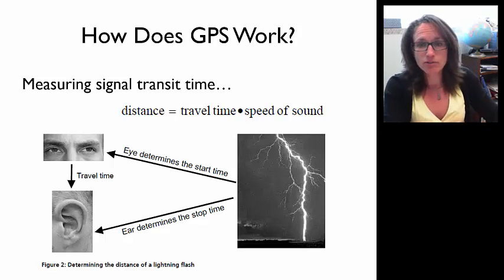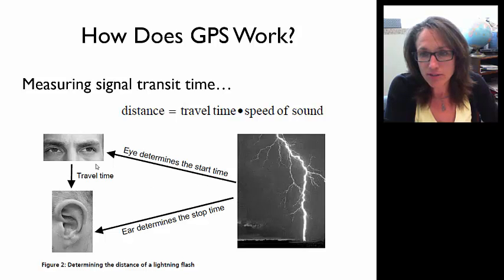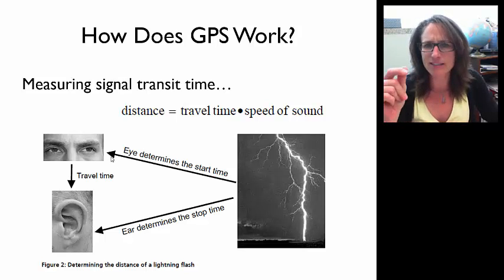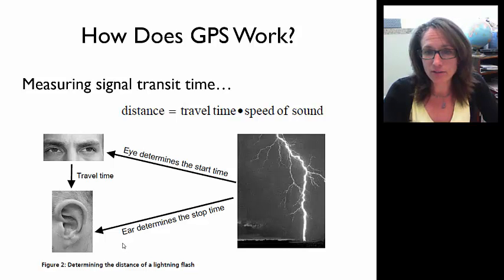So very similar to when you see a flash of lightning, our eye determines the start time. The flash of lightning travels to us at the speed of light, so we basically see it as soon as it happens. But the sound takes a while to get to us.